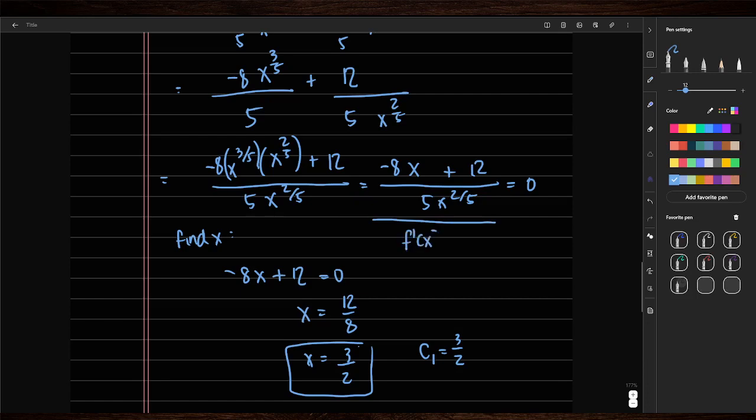If we plug in 0 here, f prime of 0, the denominator becomes 0, this becomes a math error. So let's just conclude that your second critical number is 0 because of that situation.